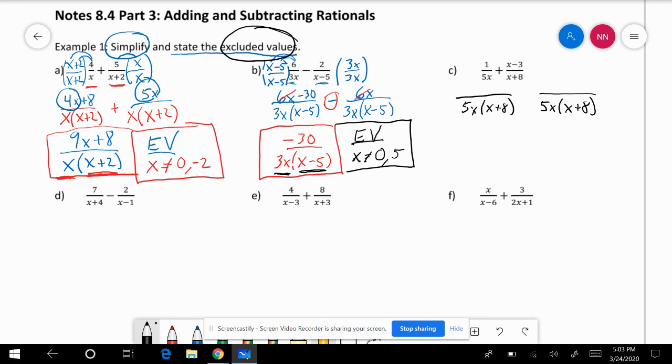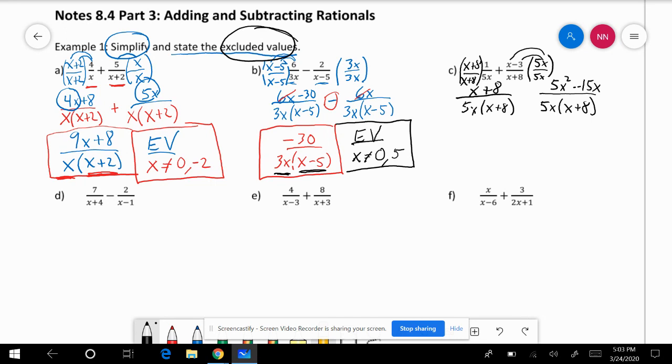That means we're multiplying our first term by x plus 8, and our second term by 5x. When we multiply the 1 by each of the terms, we get an x and an 8. And when we multiply the 5x by each of the terms, we get 5x squared minus 15.